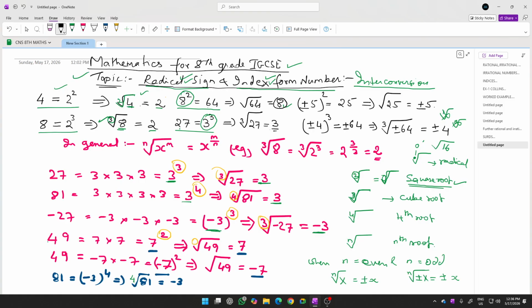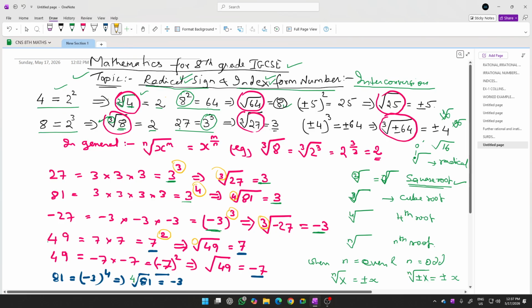Is that clear? So now you can understand what is the meaning of a number in index form and what is the meaning of a number in radical form. So one final thing I'll do: the numbers which I have circled with red are the numbers in radical form. And the numbers in index form, I'll circle with this orange color.